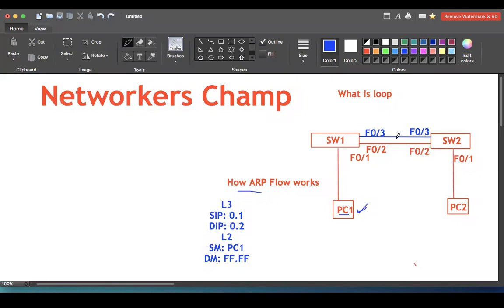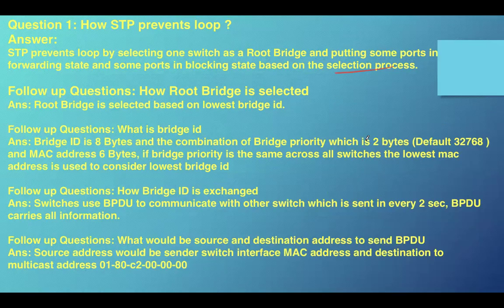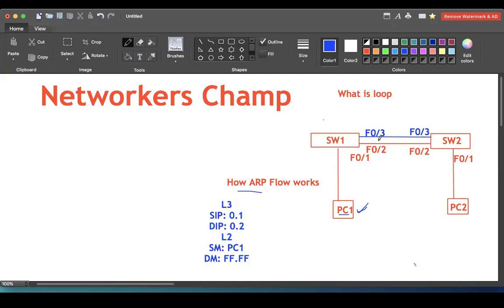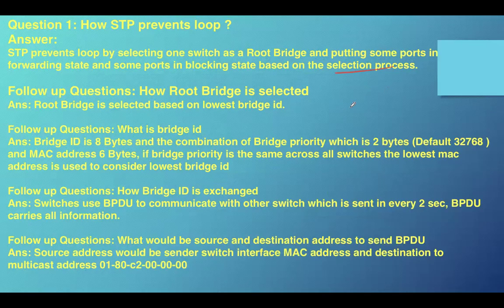Even if I don't have a redundant link, one of the switches will become the root bridge. And STP will also, instead of forwarding on all the ports, put some into blocking state as well as forwarding state based on the selection process.